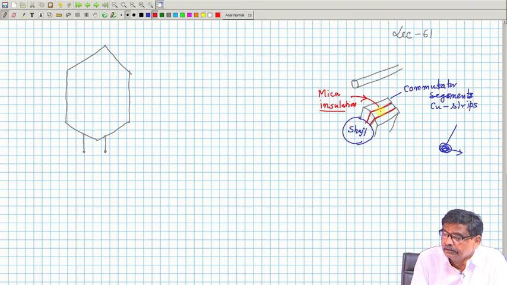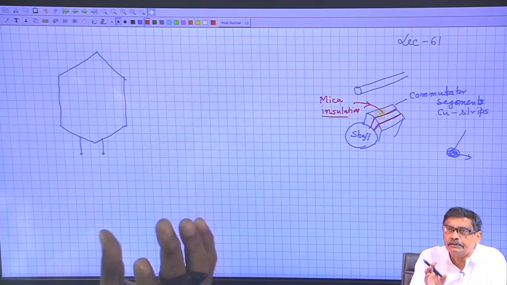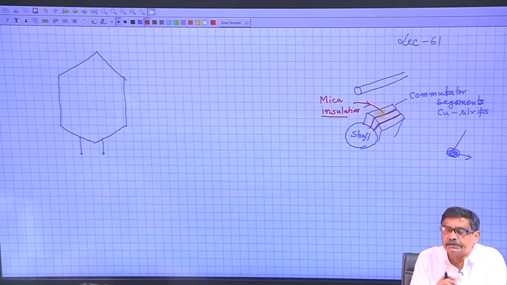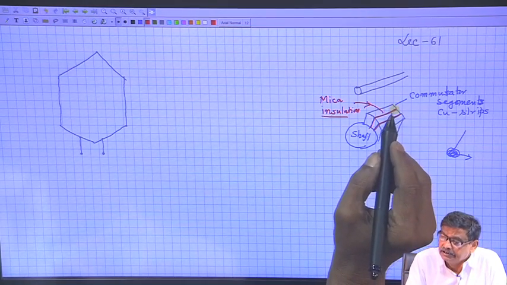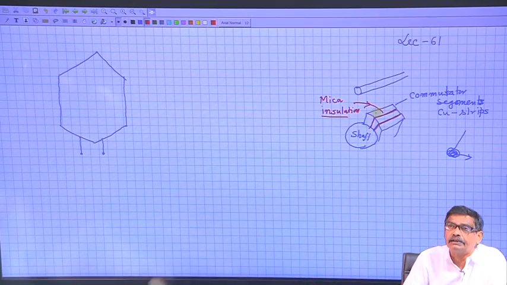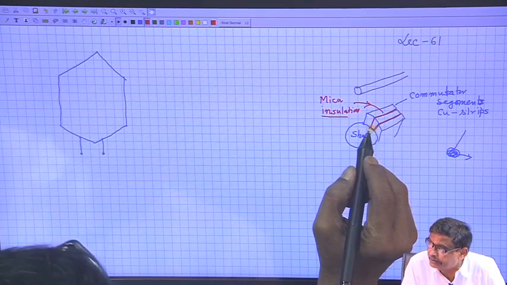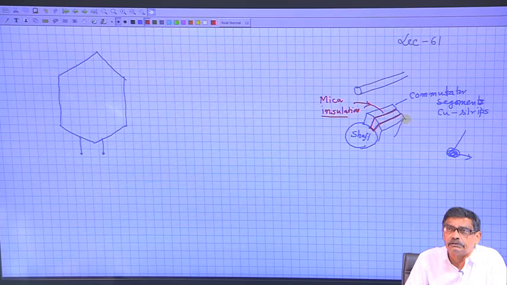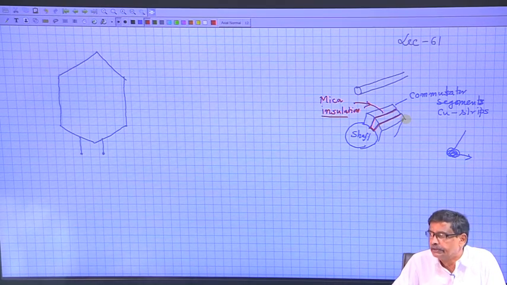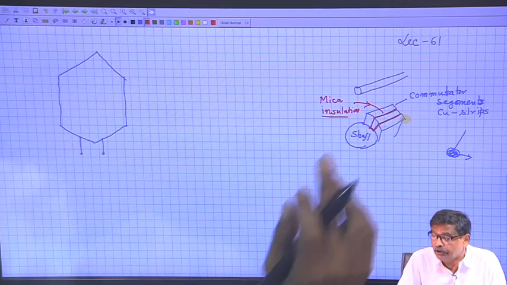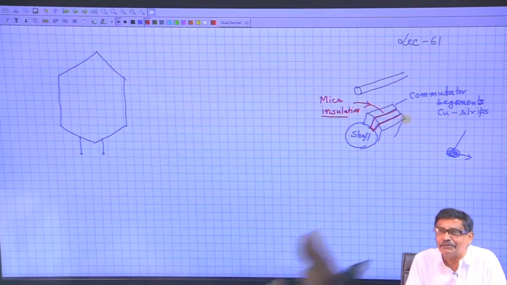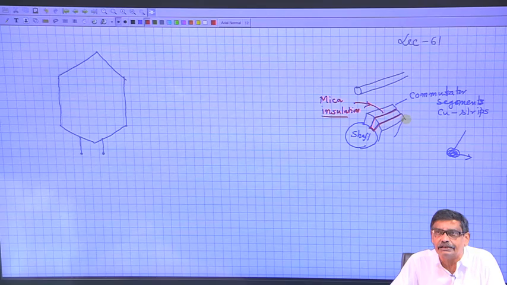Got the idea? Therefore, commutator segment 1, 2, 3 like that, 16 commutator segments will be there on a circular cylindrical structure, and each one of them is separated by a layer of mica insulation, and from the shaft also they will be insulated, otherwise the shaft will become electrically alive, and it will in fact short all the commutator segments, because the shaft is metallic.